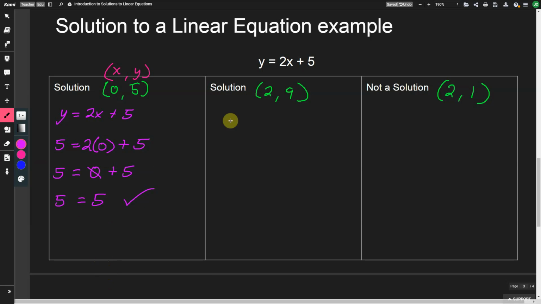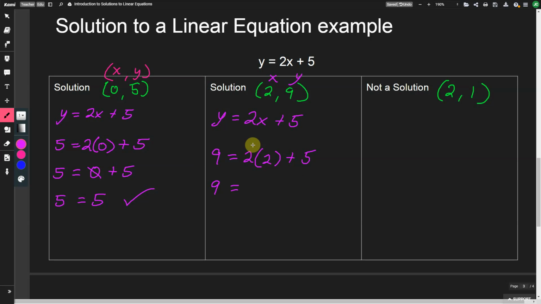Okay, let's do another example. Again, y equals 2x plus 5. Here's my x, here's my y. So instead of y, I'm going to write 9 is equal to 2 times my x, which is 2, plus 5. This side stays as 9.